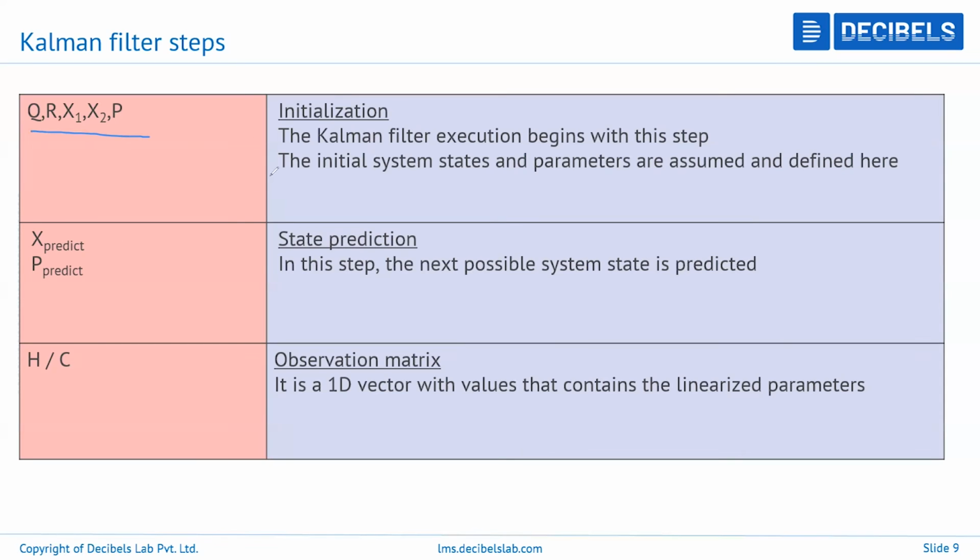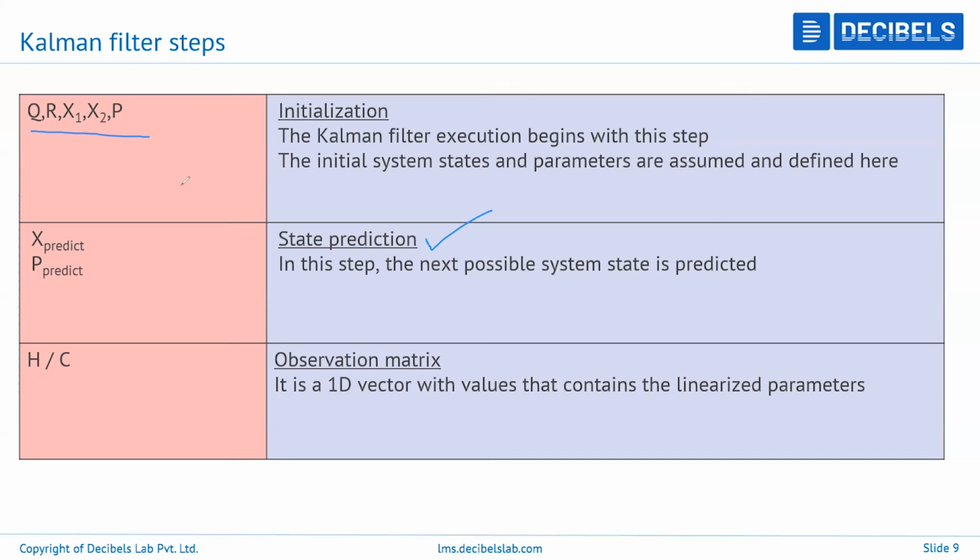After this, we come to state prediction. What is state prediction? As we saw in the earlier slide, state is nothing but the possible behavior or the possible condition that the particular system can represent. State prediction is a step which requires the possible prediction of the system at the next possible instant of time.